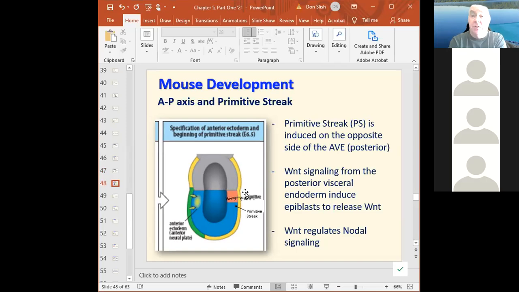And it's inducing the visceral endoderm to produce Wnt and release it there. So we've got a high concentration of Wnt here. And Wnt is also going to be upregulating nodal, similar to chick. And so we've got Wnt and nodal all building up over here, nothing over here because of the AVE. And that's going to start your primitive streak, which is going to come down this way from posterior to anterior. Okay.